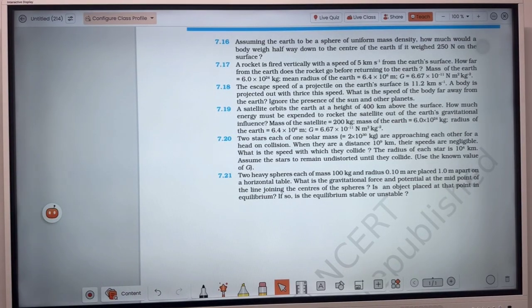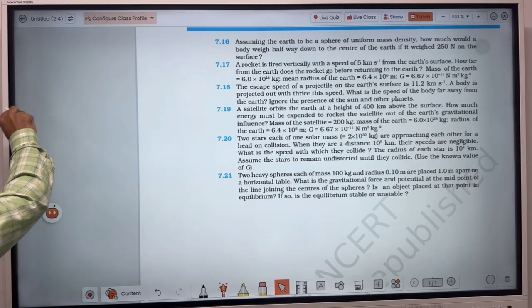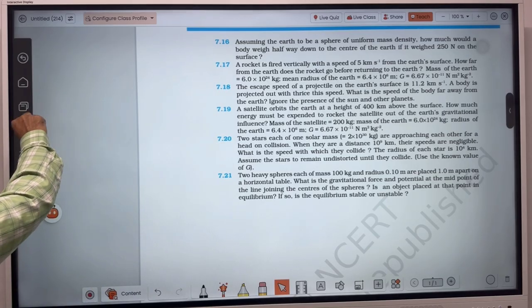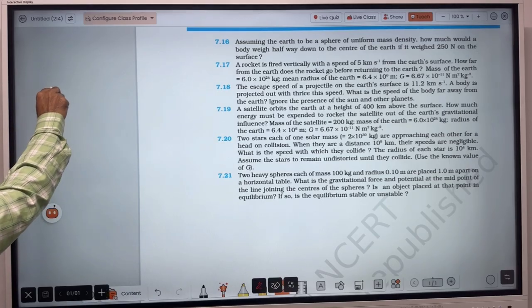So here you have to find out what energy the satellite has, and whatever energy it will have will be negative. So equal to that value, positive value, you have to expend so that total energy may become 0. So here our concern is to get energy. So just energy calculation should be done.